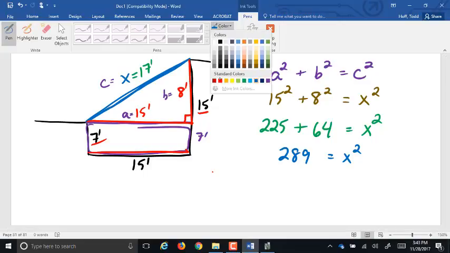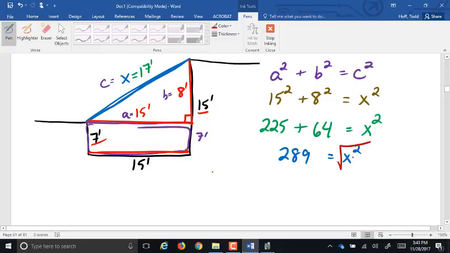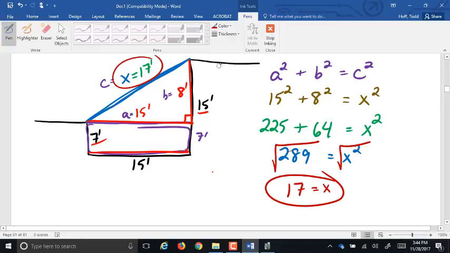So to solve that, it's x squared, so to get rid of the squared, we have to square root. Square root of 289 is 17. So that is 17 feet across.